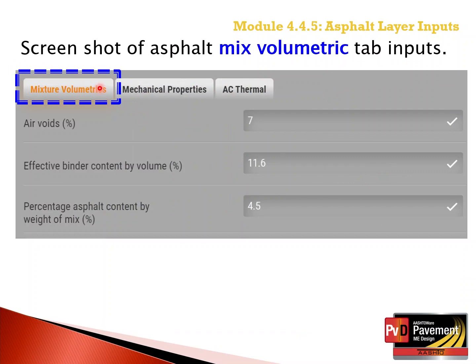Now moving to the Mixture Volumetrics tab. The mixture volumetric properties on this screen include the air voids of the mix at construction, the effective binder content by volume, and the percent asphalt by weight of mix.